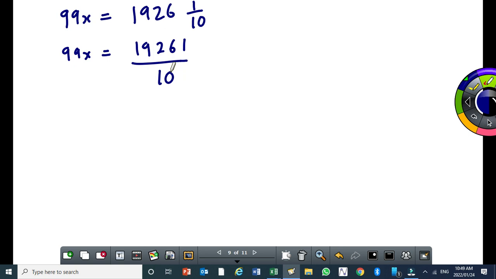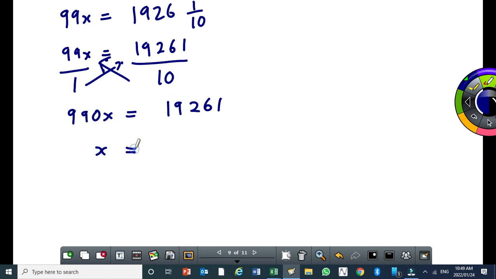Okay? Then I want to solve for x. So my denominator there is a 1. Then you cross multiply. So you get 990x is equal to 19,261. If I divide this, I'll get x is equal to 19,261 over 990.